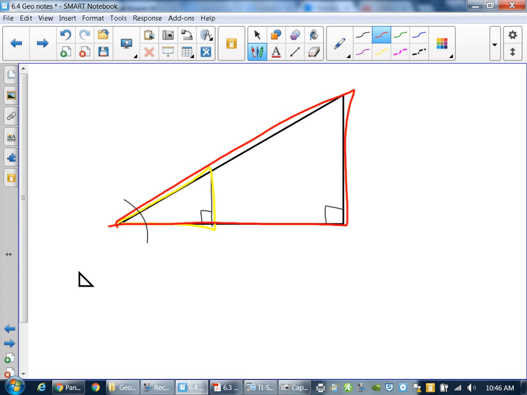Eventually, we're going to talk about what that angle is called. It's second semester, we call that an angle of elevation. When you're looking off the horizon, looking up at an object, the angle off the horizon up is the angle of elevation. It's a very common thing you use to measure distances.